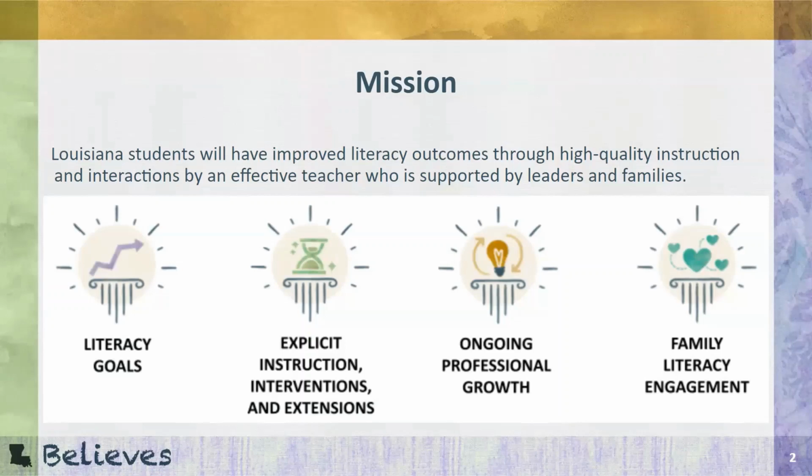We provide high-quality explicit instruction, interventions, and extensions to all students. We ensure that all people who are responsible for providing instruction and/or support for students' literacy development receive ongoing professional growth. And we know that this work is best done with the active involvement of families.